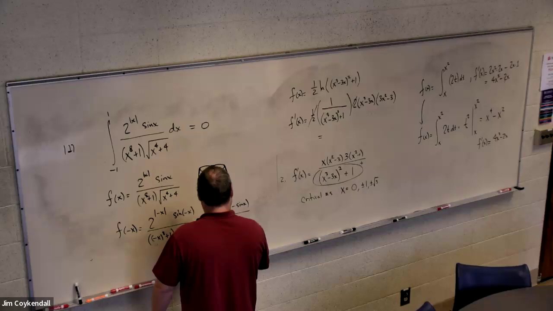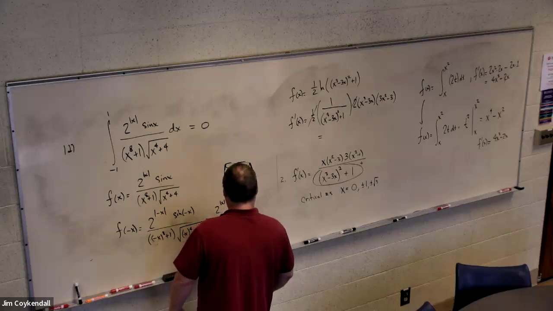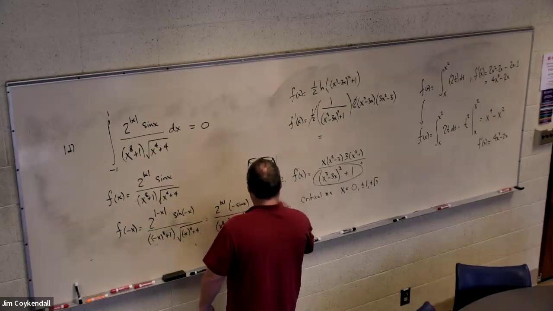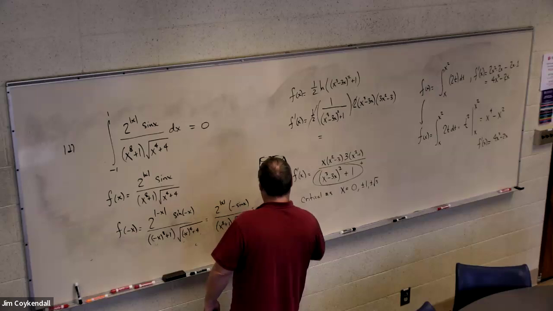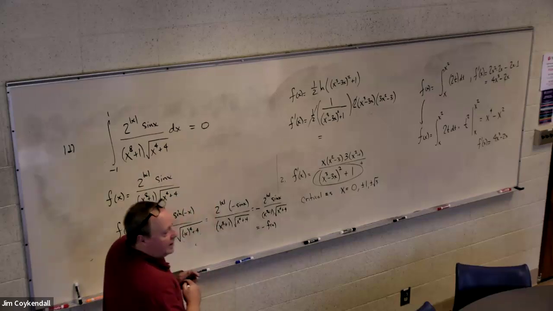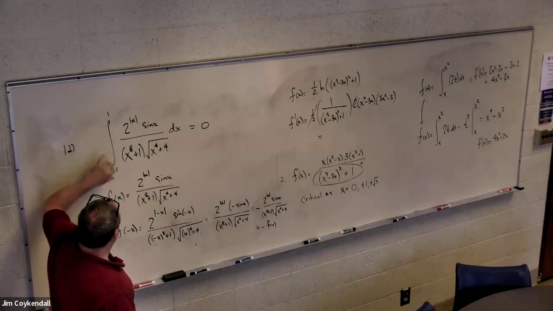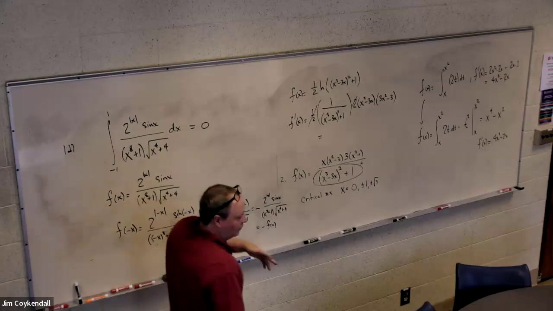So this is minus 2 times the absolute value of x sine x over x to the 8 plus 1 times the square root of x to the 4 plus 4, which is minus f of x. So the function is odd. You need that, and you need these two numbers, top and bottom, to differ by a sign, a symmetric interval.